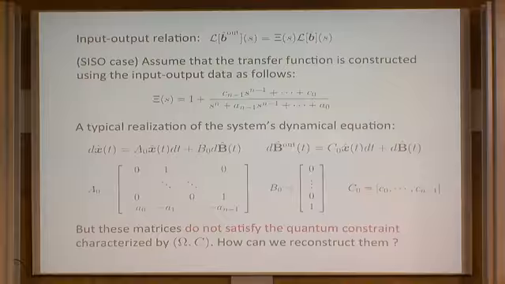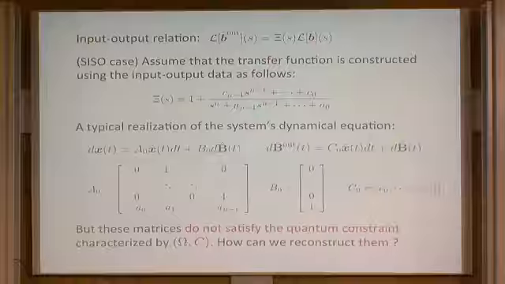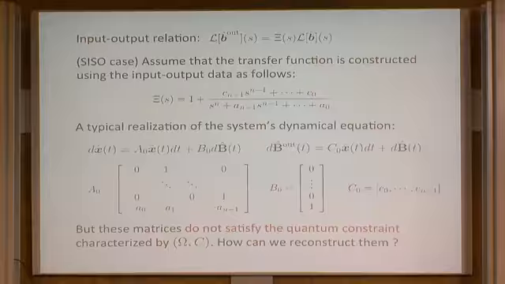If the transfer function is given to us, then we can reconstruct the dynamical equation of the system. Here's a typical realization of the system dynamical equation. The good thing is that this A, B, C matrix is completely determined by using these coefficients A and C. But the problem is that the transfer function and the system dynamic equation are not in one-to-one correspondence.